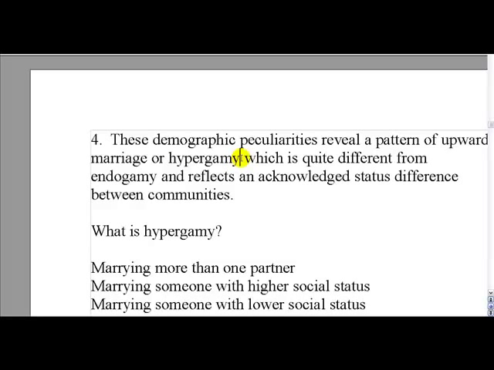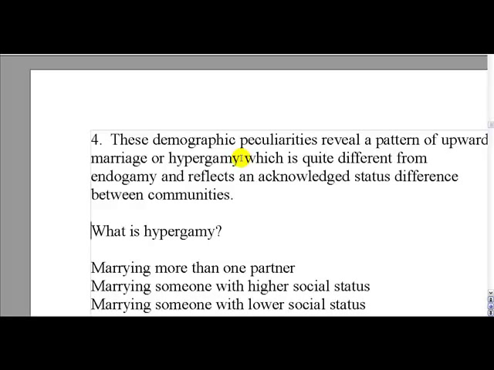But upward marriage and hypergamy are the same, which is quite different from endogamy and reflects an acknowledged status difference between communities. So we also know that endogamy is the opposite of hypergamy. And hypergamy means upward marriage. So endogamy means no upward marriage. Maybe marrying equal type marriage things.